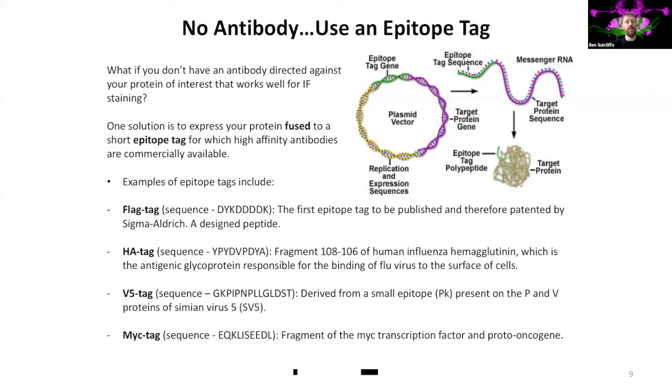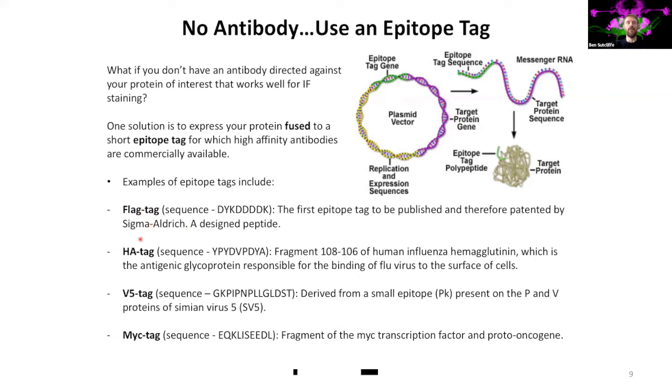So if you don't have an antibody, or you don't want to use an antibody, you can use an epitope tag, which then you can use another highly purified antibody to target and then label your protein of interest. So you generate a vector with your target gene and then an epitope tag on that. And then you can label it using antibodies that are highly available from companies.